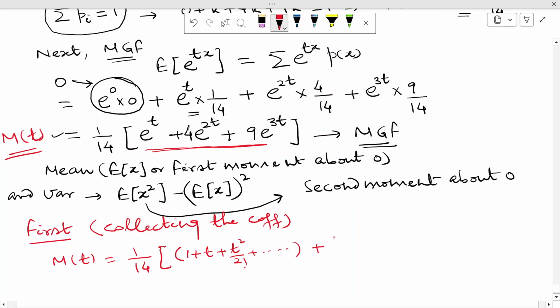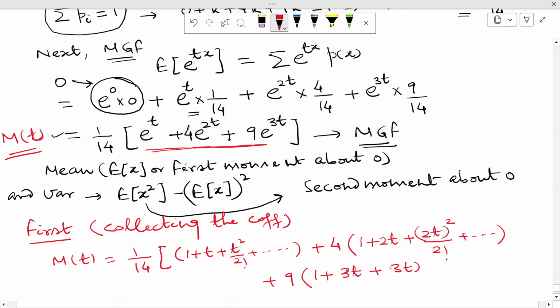Similarly, e to the power 2t is 1 plus 2t plus 2t whole square over factorial 2 and so on. And lastly we have 9 times e to the power 3t, which expands as 1 plus 3t plus 3t whole square over factorial 2 and so on.